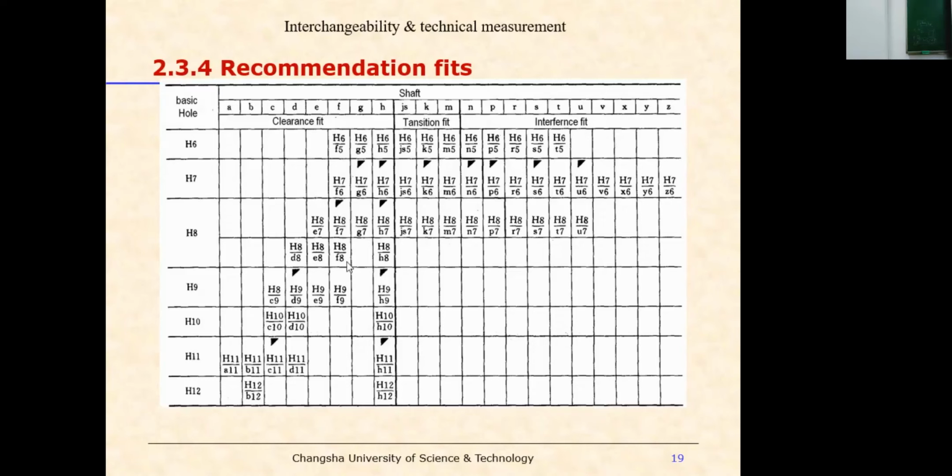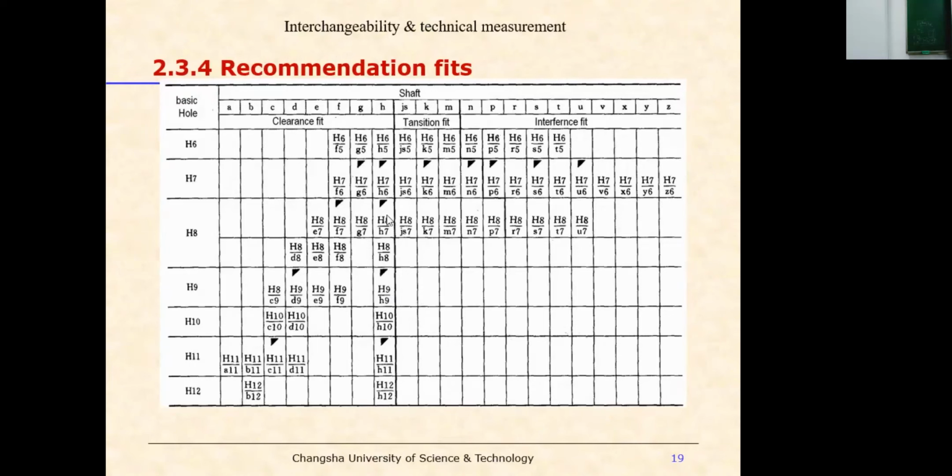And for the 8, they have the same, and the line has the same, right? For the 11, when the precision is low, the shaft and the hole have the same precision. Okay, so when we design the shaft and the hole, you can choose the grades from this table.